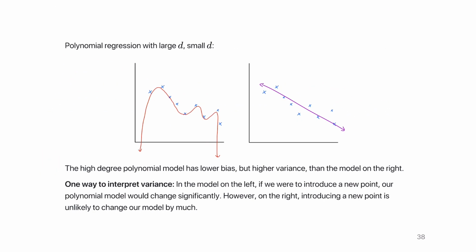So this is just an image of polynomial regression with large d. d is the degree, and we have small degrees. As we talked about, when you have a high degree polynomial, you have low bias because you're going to hit points very close, but you have a higher model variance, right? Okay.